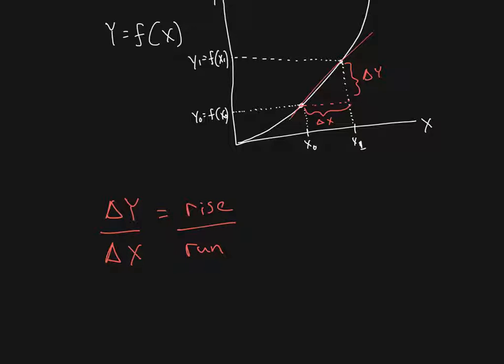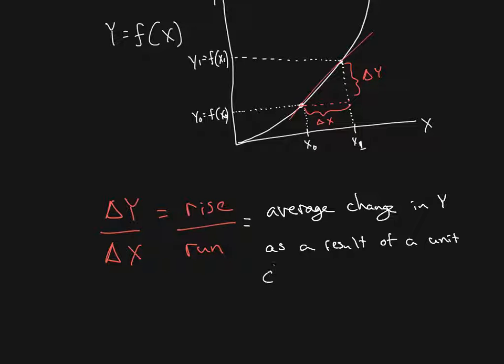And this is important because by dividing the change in y over the change in x, what we get is the average change in y as a result of a unit change in x.